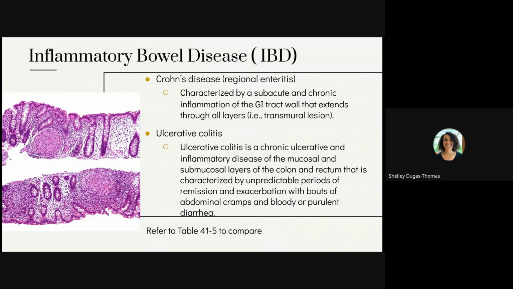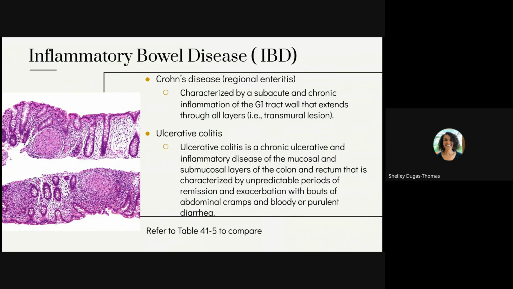Crohn's disease, also called regional enteritis, is characterized by a subacute and chronic inflammation of the GI tract wall that extends through all layers. Although its characteristic histopathology changes can occur anywhere in the GI tract, it most commonly occurs in the distal ileum and the ascending colon.